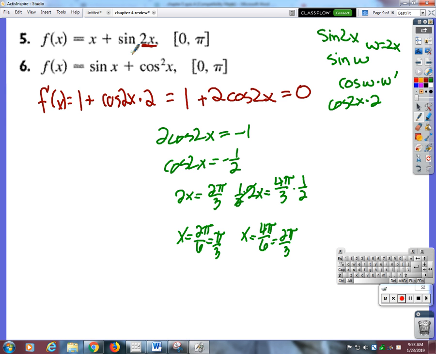All right, so our 4 things came out to be 0, pi over 3, 2 pi over 3, and pi, right? So I'm going to plug 0 into here. So that's an easy one. That's 0 plus the sine of 0, which is just 0, so that means y equals 0. Okay? Then if I plug pi over 3 into there, I get pi over 3, plus, to find the sine of 2 pi over 3, do you have your circle chart?